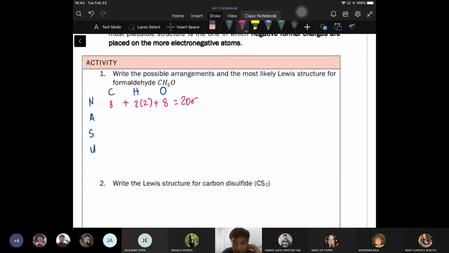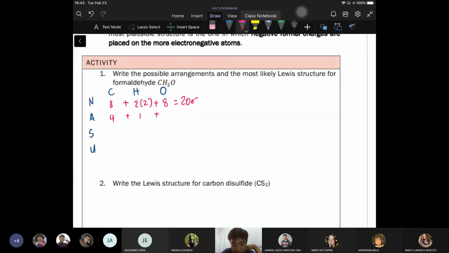How about available? As I told you earlier, available pertains to the electrons that are equivalent to its valence electrons. So for carbon, it has 4 valence electrons because it is in group 4. Hydrogen, 1 valence electron kasi nasa group 1 siya.